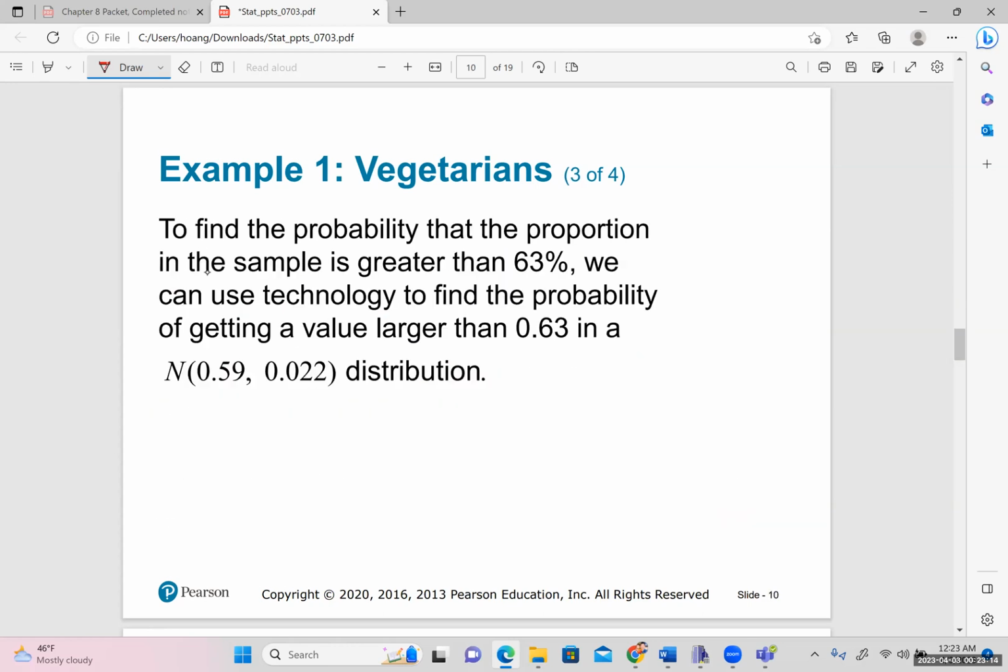So now you can use that to say you're going to use the normal distribution with 0.59 and 0.022. One is the mean and one is the standard deviation.